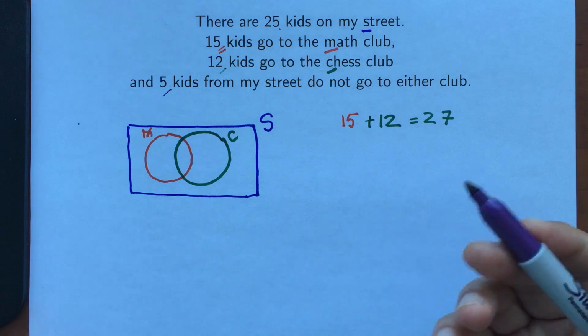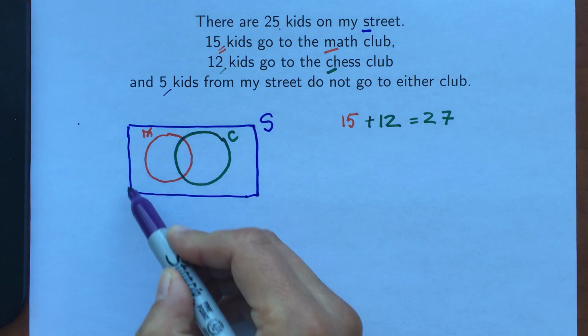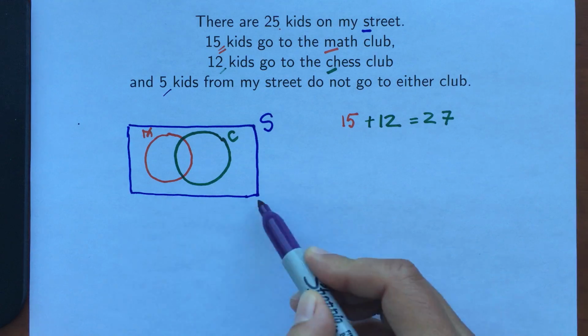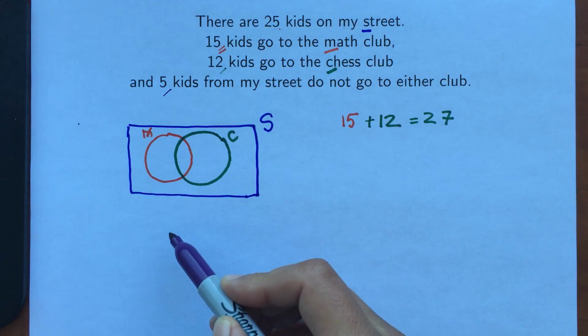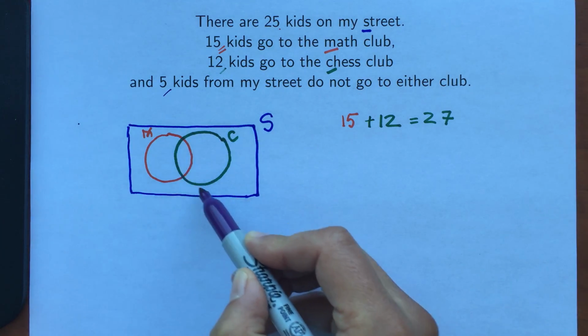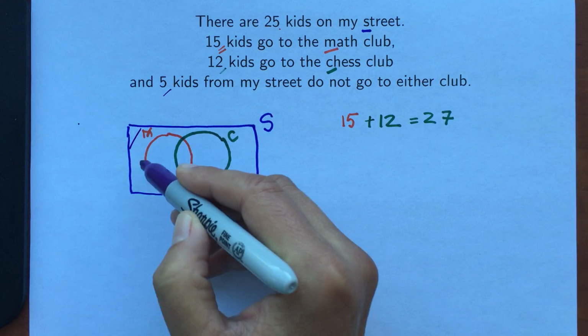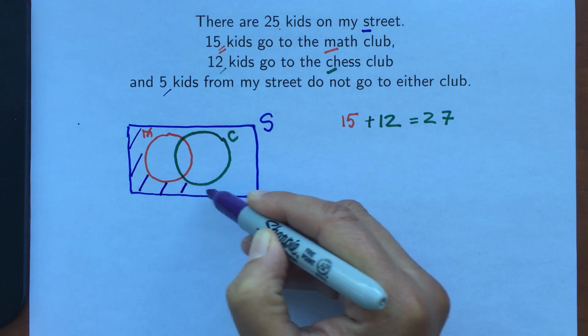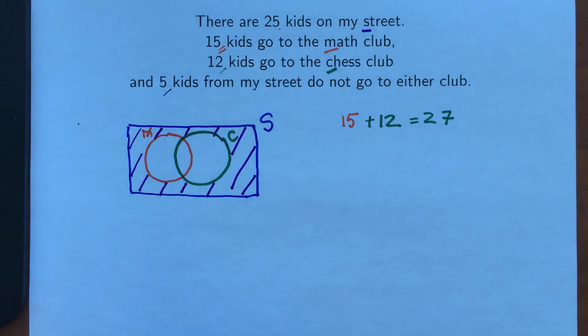Well, the problem actually makes it easy for us in the sense that if we represented the kids that are on the street in this big rectangle S, the kids that go to the math club in this circle M, and the kids that go to the chess club in the circle C, the kids that do not go to any club can be represented in this area here that we shade with purple, just because that's all the problem is telling us, that these 5 kids do not go to either club.